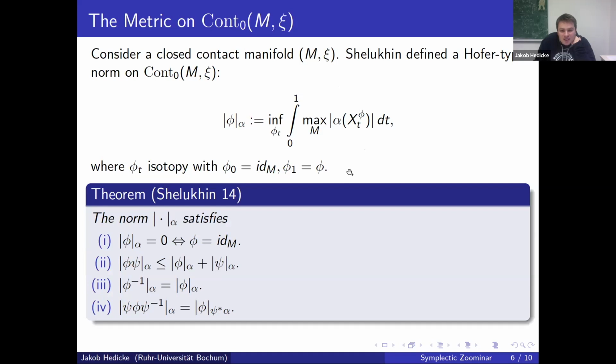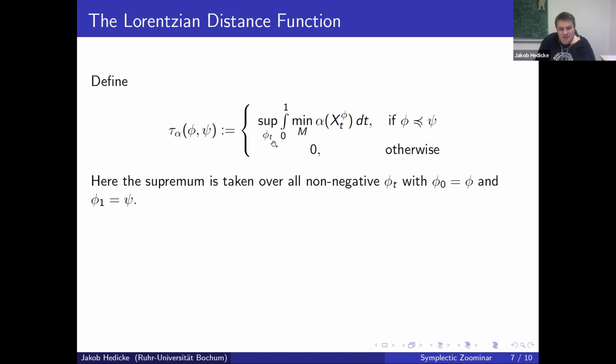One can use these estimates. On one side, the Hofer-Shelukhin distance is basically taking the infimum over all such paths of the L infinity length, and on the other side I take the supremum over all minima of the contact Hamiltonians, and the supremum and infimum are always bounded by these spectral invariants.